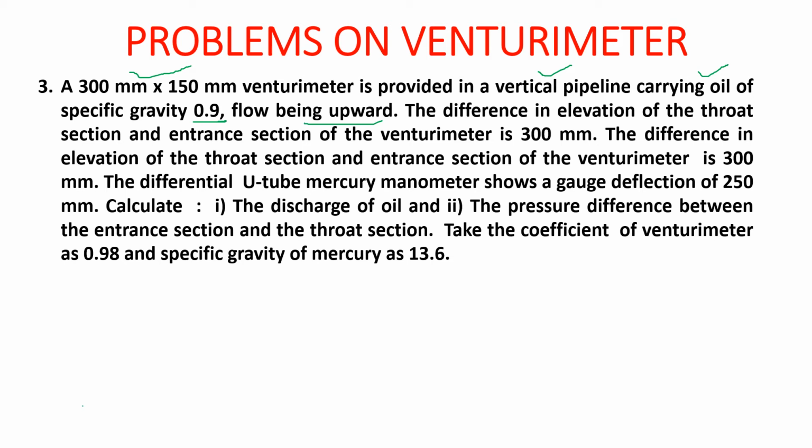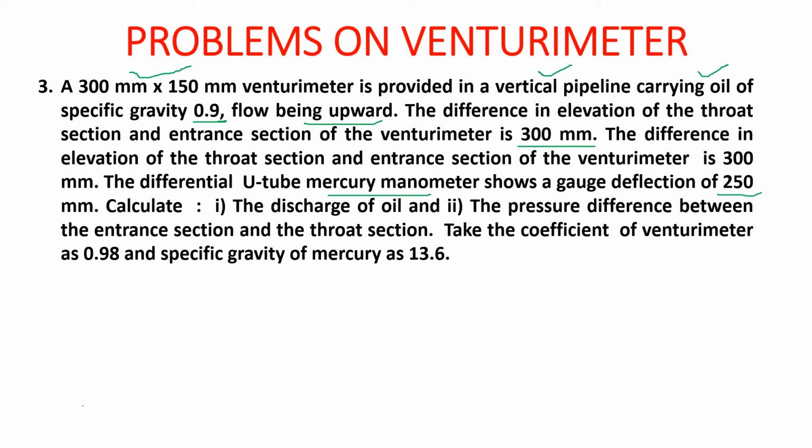Then the difference in the elevation of the throat section and entrance section of the venturimeter is 300 mm. The differential U-tube mercury manometer, so the manometric liquid is mercury, shows a gauge deflection of 250 mm.